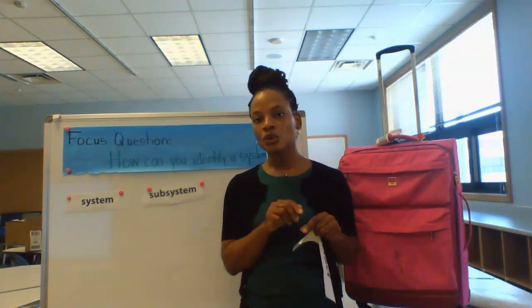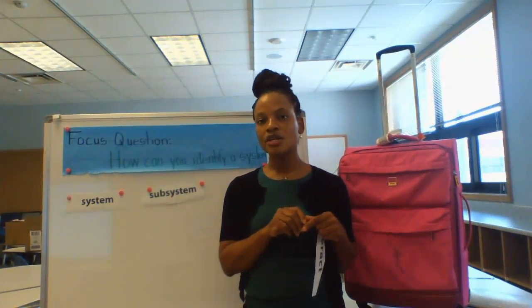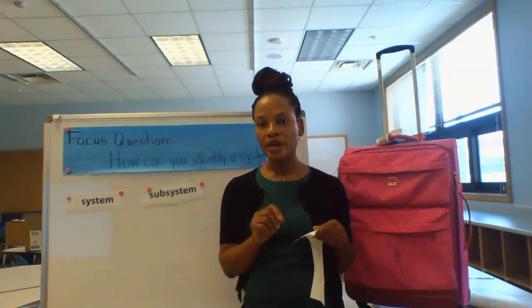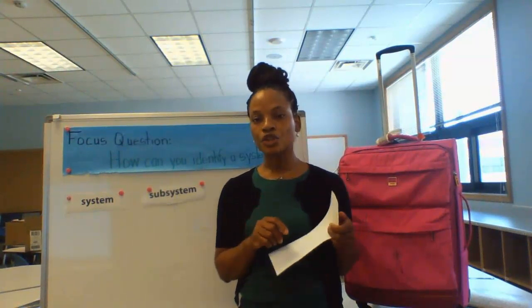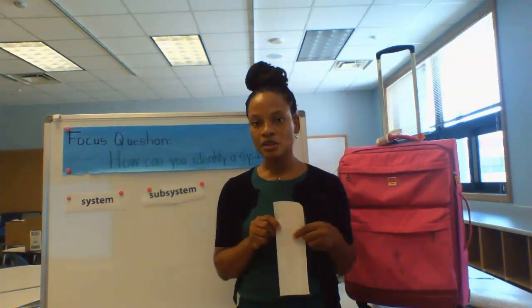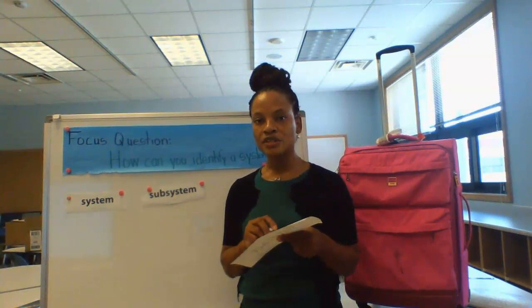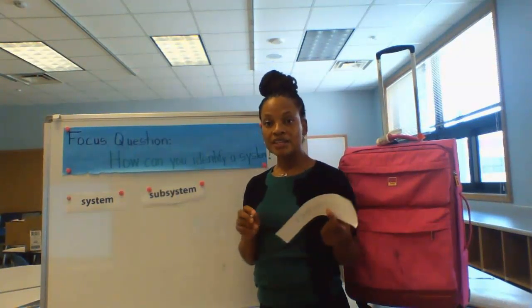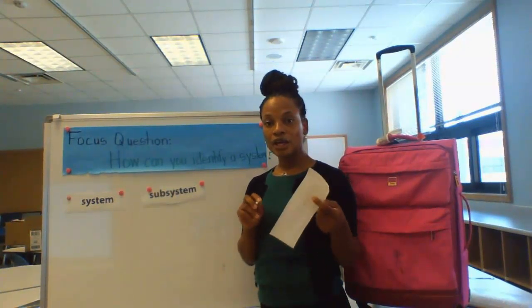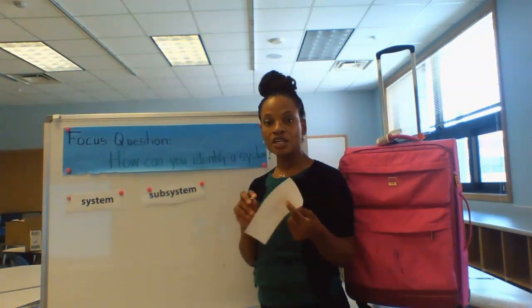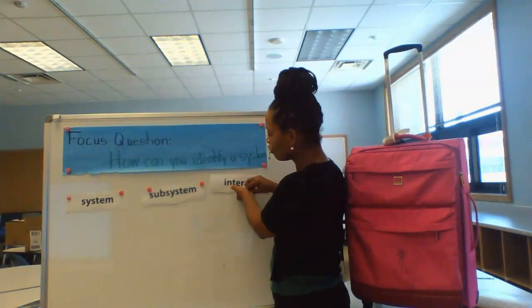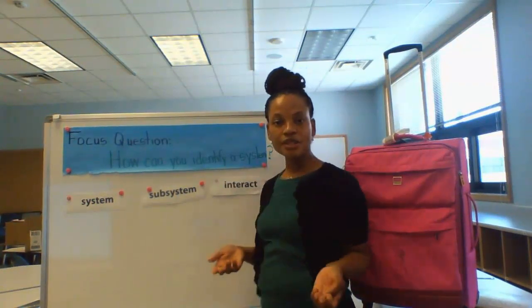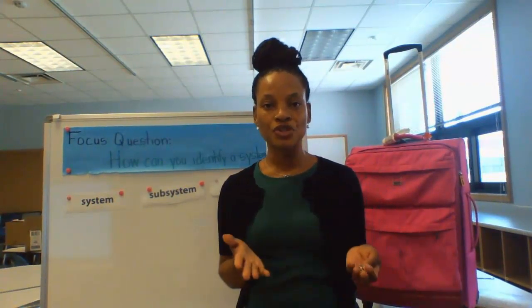How can you identify the subsystems within a railroad? As a scientist that you are, I'd like for you to identify the subsystems within the railroad systems. Now remember that a system has several interacting parts that help the system perform its duty.